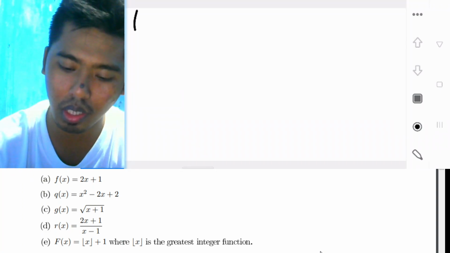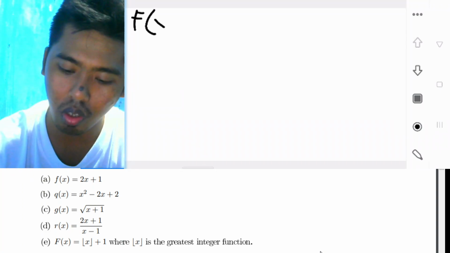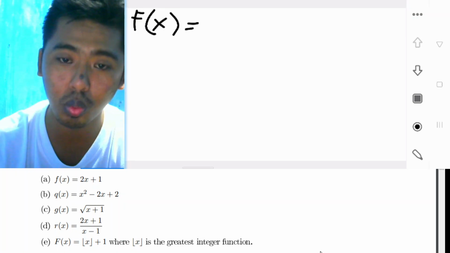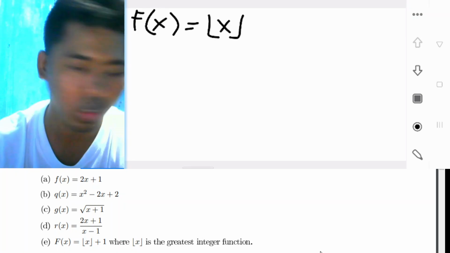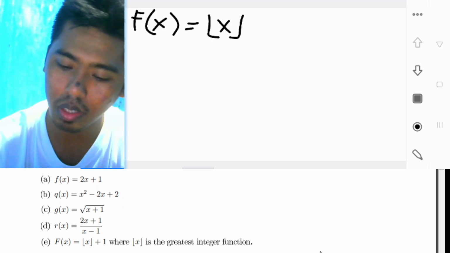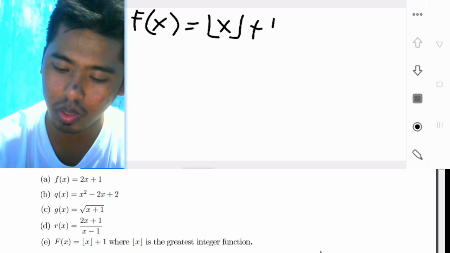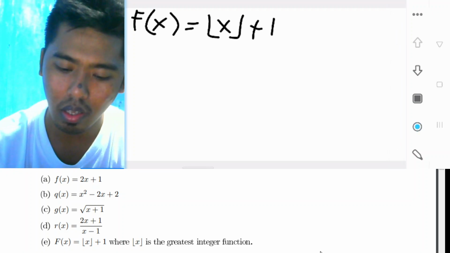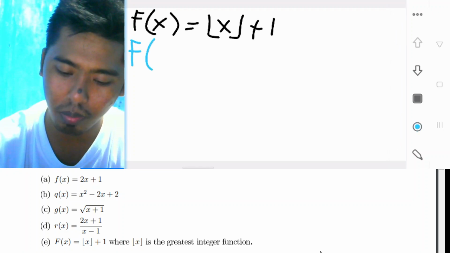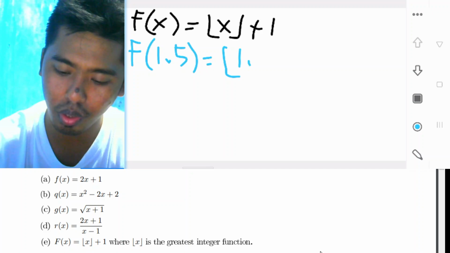That would be capital F of x is equal to floor function x, then plus 1. Yes, that's plus 1. And let's substitute 1.5 and equal to the floor function of 1.5.